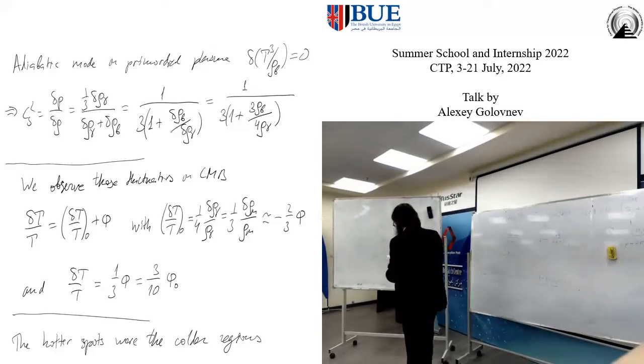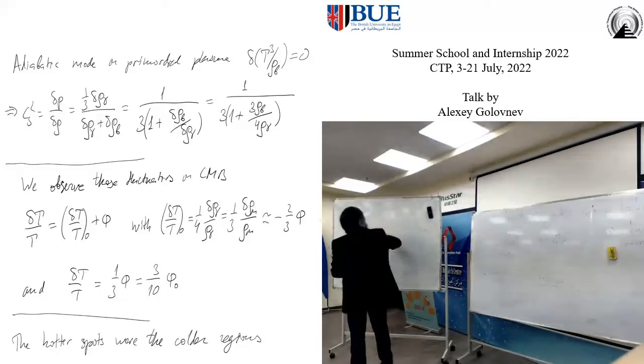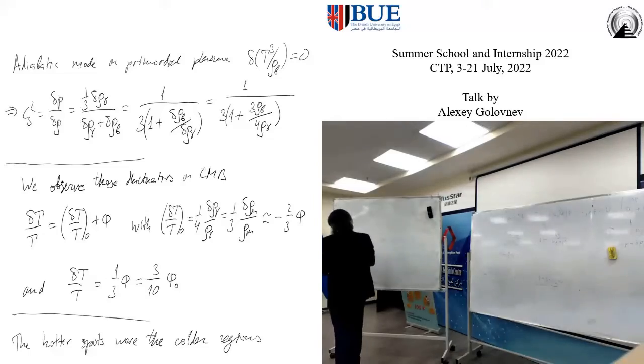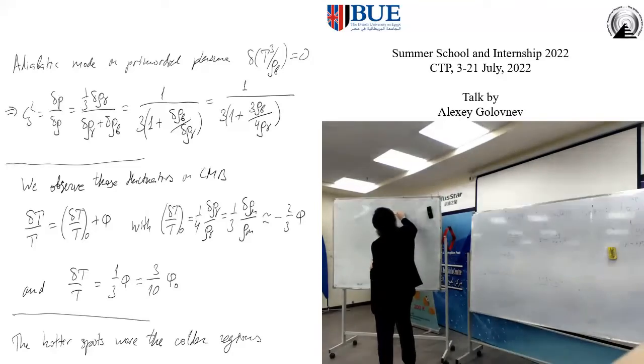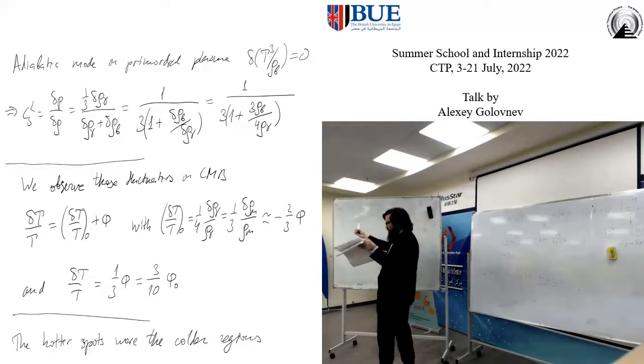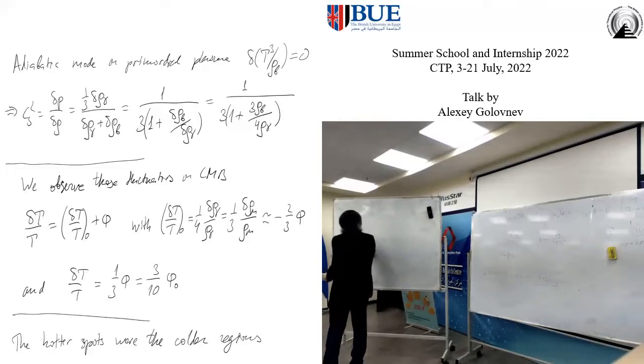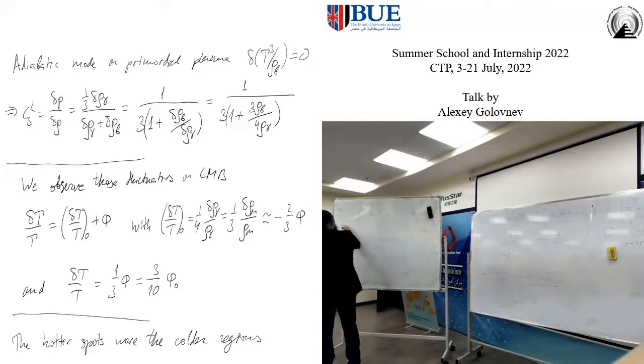So for baryons it would be cubed. For photons it's power 4, because also every wavelength changes. Then here I have that this should be equal to 0.